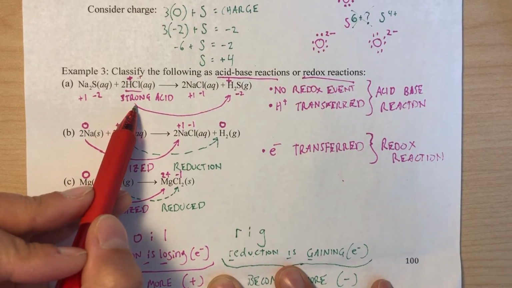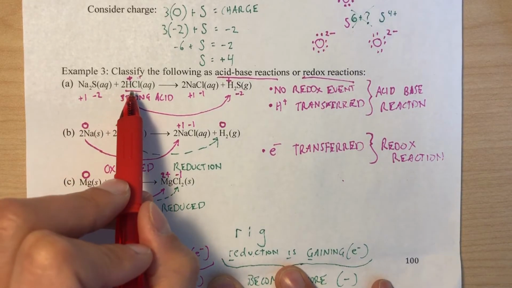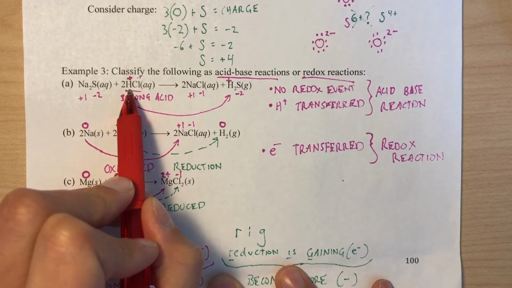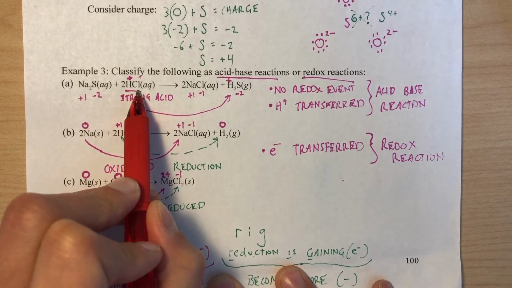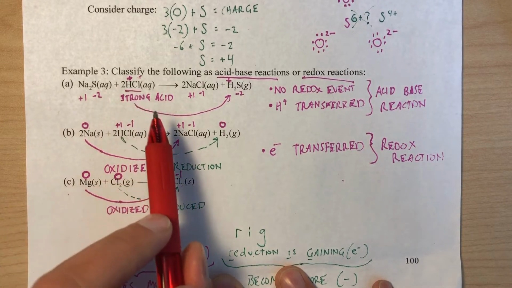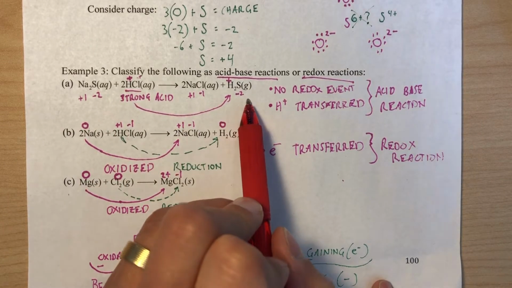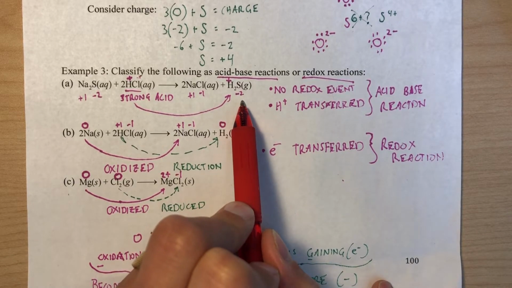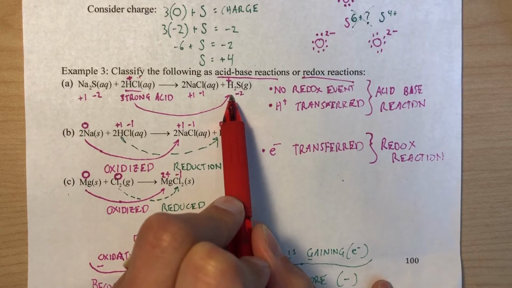If we have a strong acid, it should be donating a proton, and something else should be accepting a proton. So in this situation, we have hydrogen with a +1 charge, which is a proton, bound to chlorine, which has a -1 charge. We then go over to the product side of the equation and see what was the fate of that hydrogen. It ended up on sulfur. Sulfur here has an oxidation state of -2, and each of the hydrogens has +1.